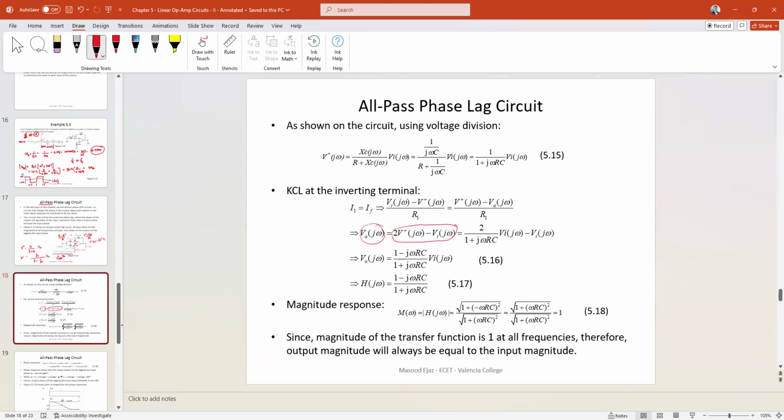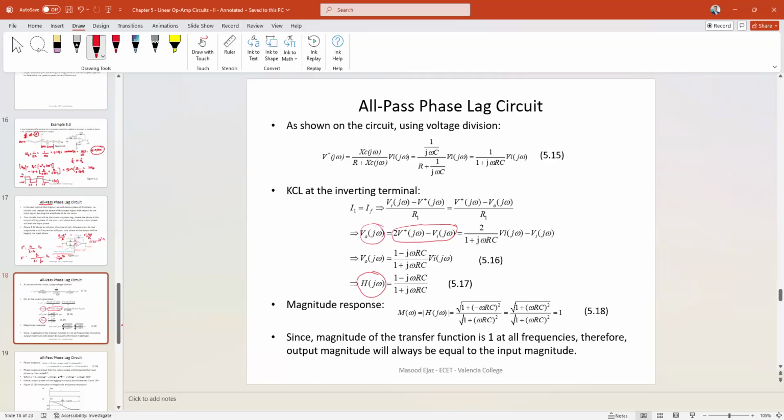And the ratio between the output and the input, which is the gain, or we call it the transfer function, is equal to 1 minus j omega RC over 1 plus j omega RC. When we calculate the magnitude response from this equation, for a complex number given in fractional form, it is the magnitude of the numerator divided by the magnitude of the denominator.